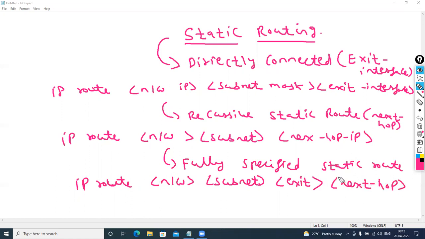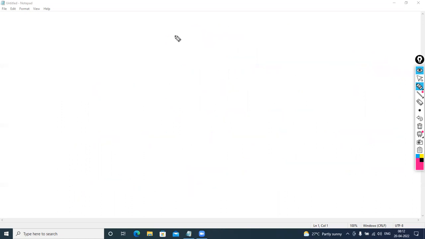So this we discussed yesterday. Today we'll be seeing what the disadvantages of static routing are, and why we moved on to dynamic routing protocols.